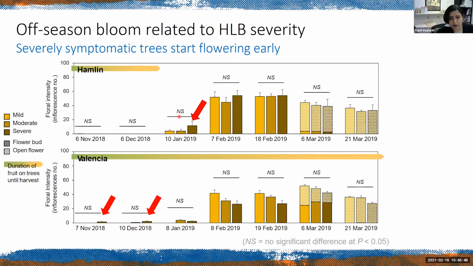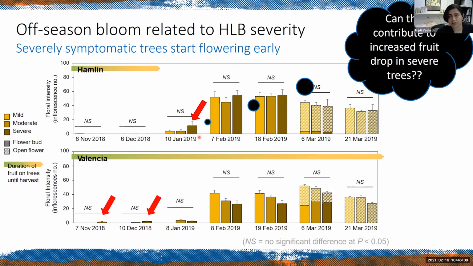We do see a little bit of increase in the flowering happening. Maybe we are repeating this study for the whole tree rather than just the branches, but this might be something significant if you look at the whole tree basis rather than just one branch: more intensity of flowering happening in HLB trees.